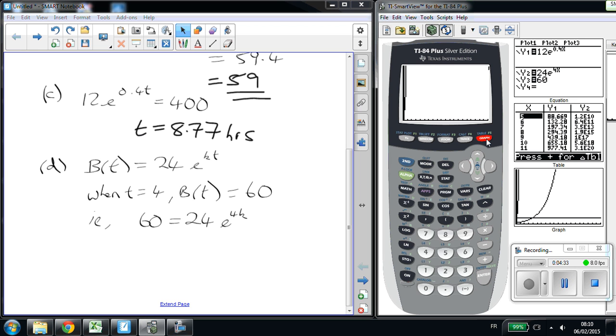And we'll have a look at the graph. We can see the intersection there, but it's not very clear. We'll change the window. Let's have x just going up to 5. See if that makes it any clearer. That seems to have caused my calculator a problem.